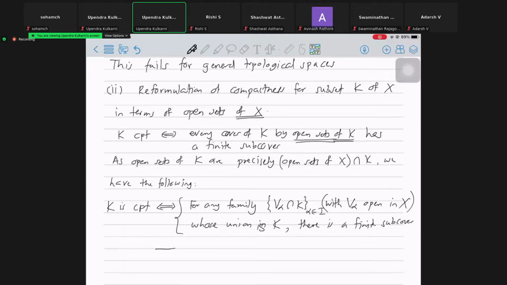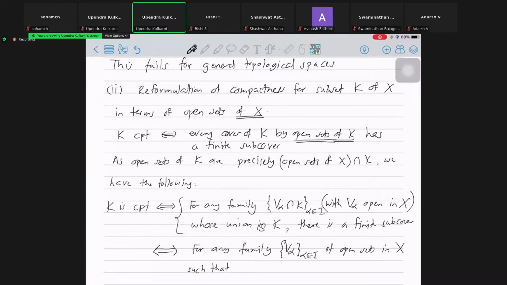Now, here's the point. By the way, this is very small, but now what does it mean that V alpha intersection K, its union is K? How can I express that in terms of V alphas themselves? For a family V alpha of open sets in X, such that, what is the condition now?